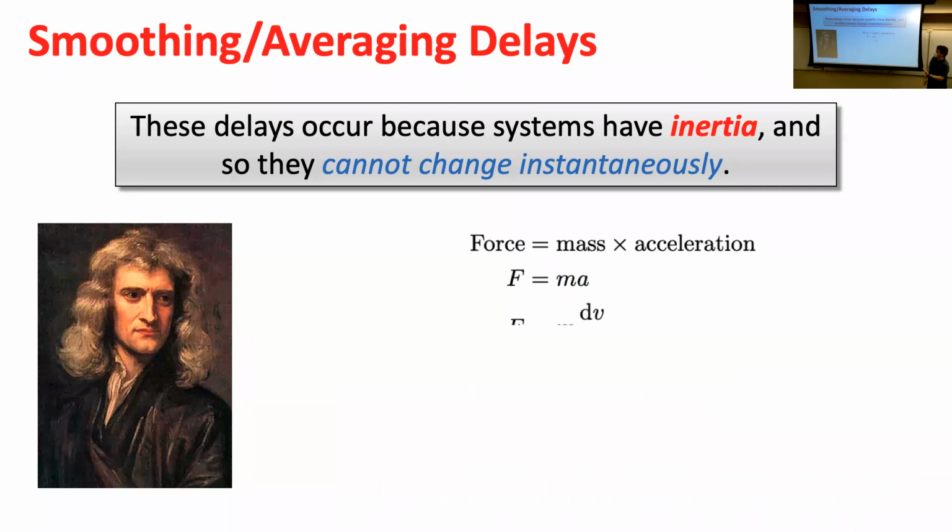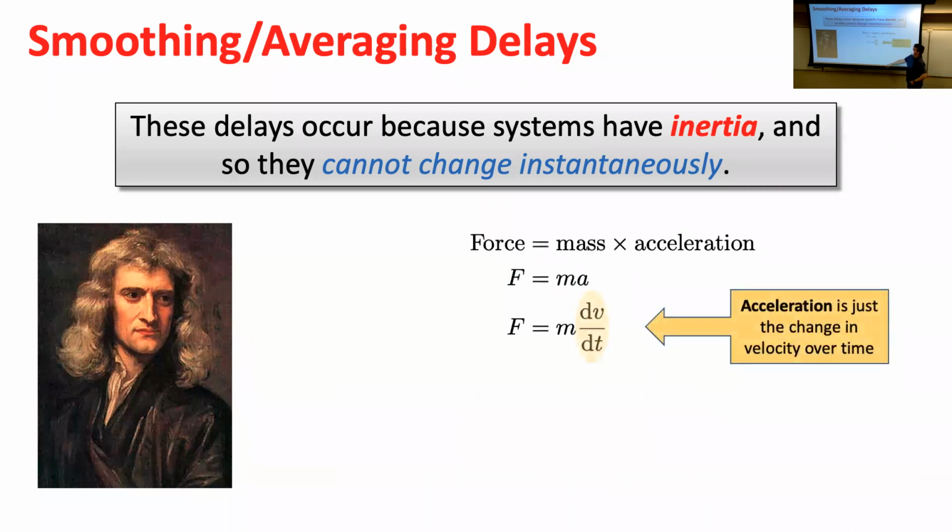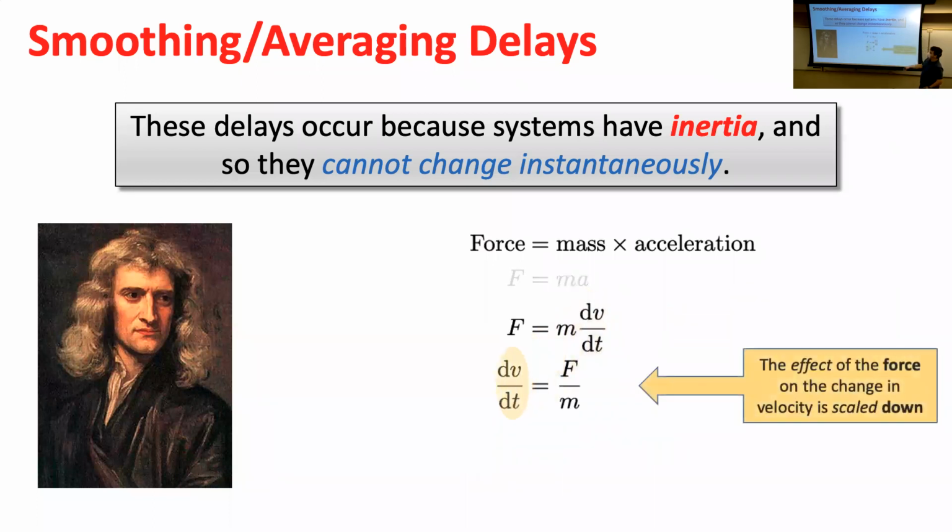With that, we can do a little bit of rearrangement. F equals ma, that's Newton's second law. I know that acceleration is just the rate of change of velocity, so acceleration is like the flow into the velocity stock. I can play with that a little bit and move the velocity to the other side.